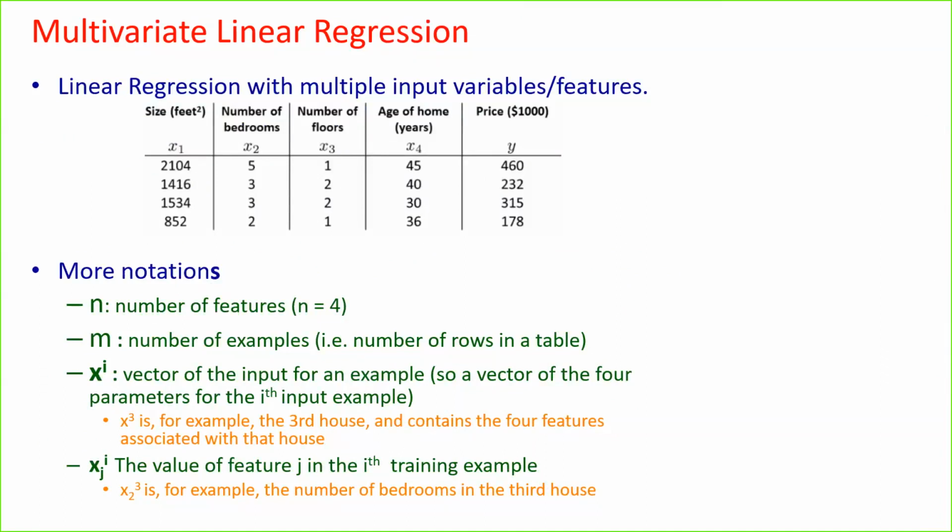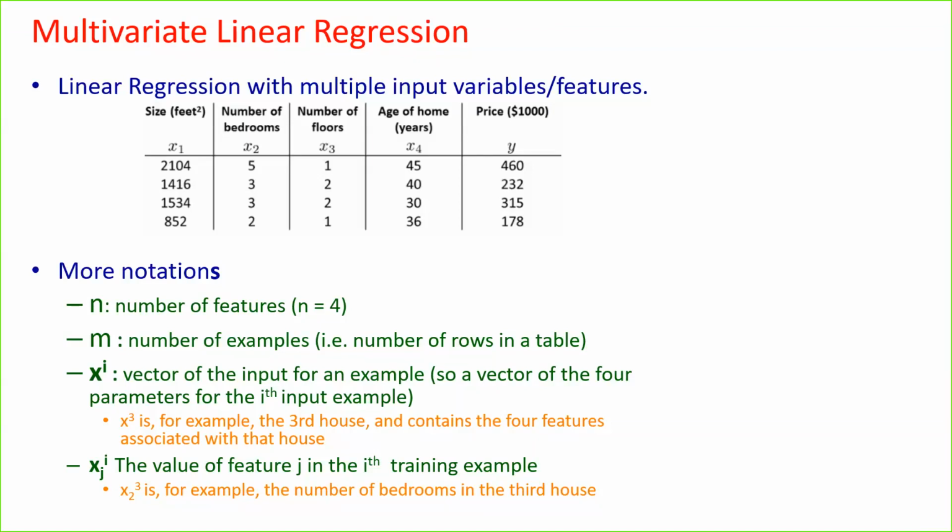So if you see the price of the house, not just the size of the house, there are many other factors that influence the price of the house. For example, the number of bedrooms, number of floors, the age of the house, the size of the garden. All these are various features that influence the price of the house. So considering more features will influence the prediction quality, right?